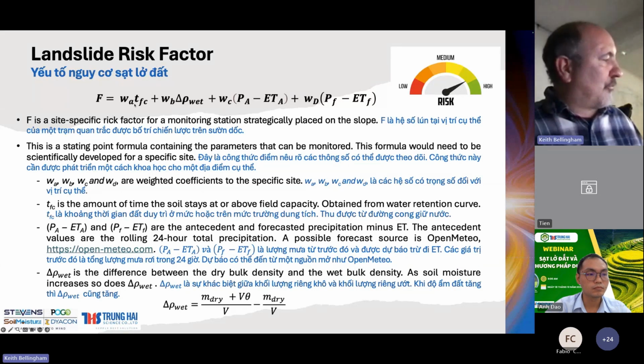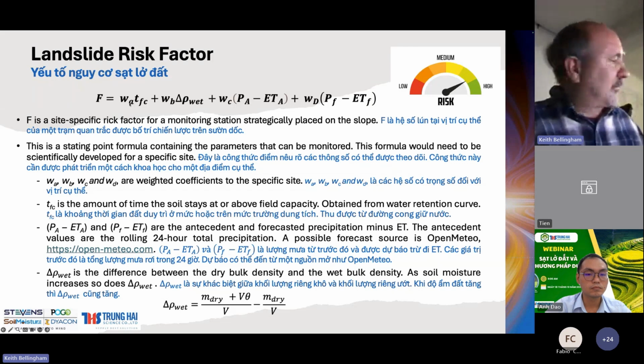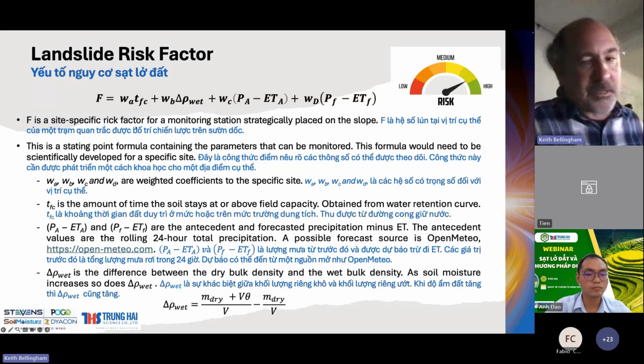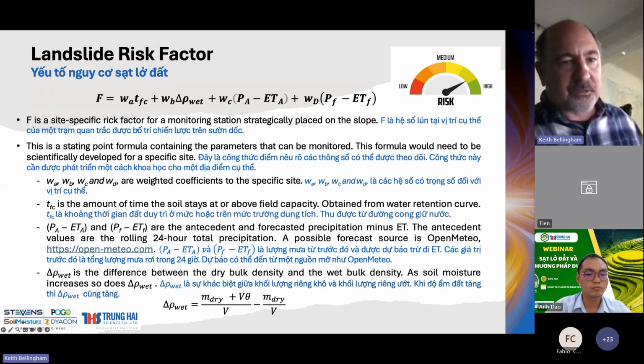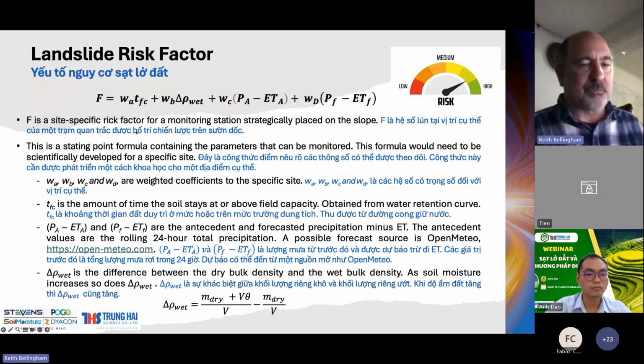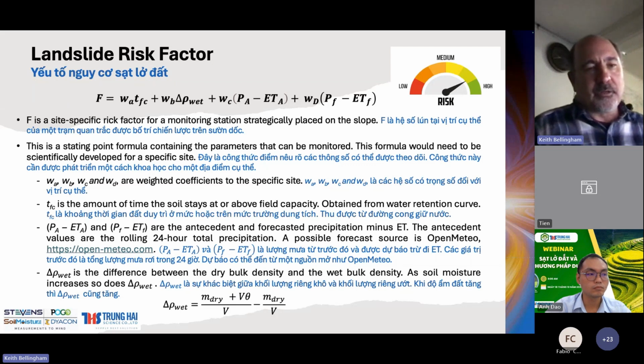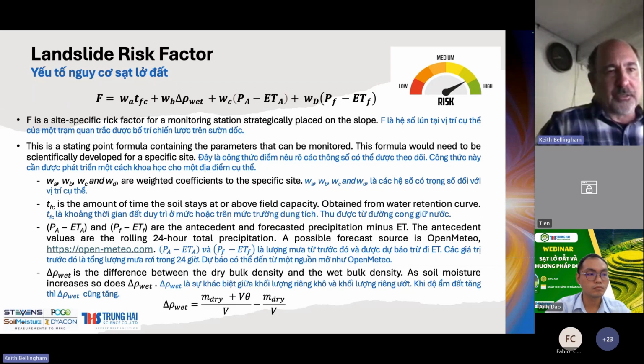So it's all very site specific, and it would have to be developed scientifically. One parameter that's very important is this first one here called TFC, and this is the time the soil stays at or above field capacity. So this is the wettest, heaviest point that the soil will be after the precipitation events.